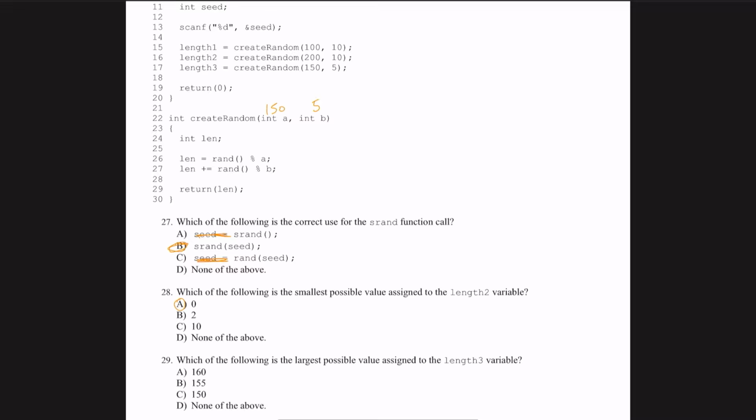So any number mod 150 at most could be 149. If it was any higher, it would be another full grouping, and you could jump back to 0 for your remainder. Similarly, any number mod 5 at most can be 4. So the largest possible value would be 153. Therefore, the answer is D, none of the above.